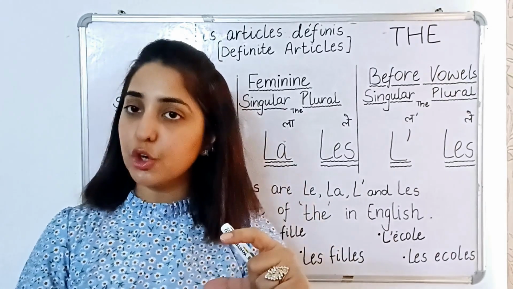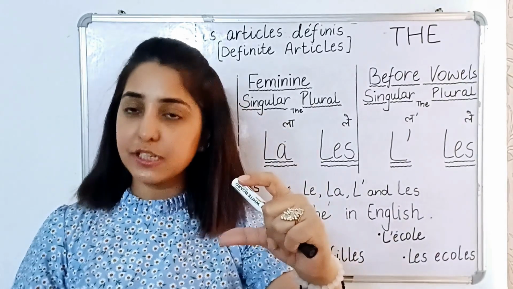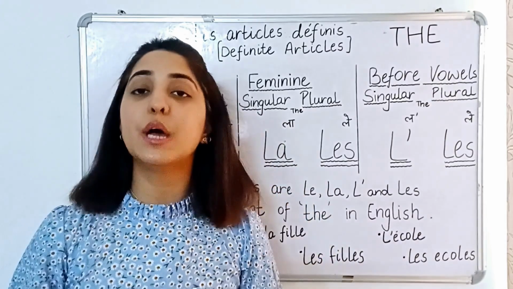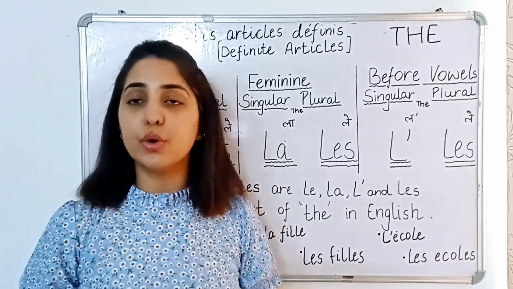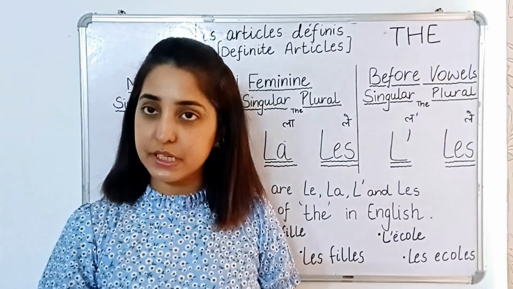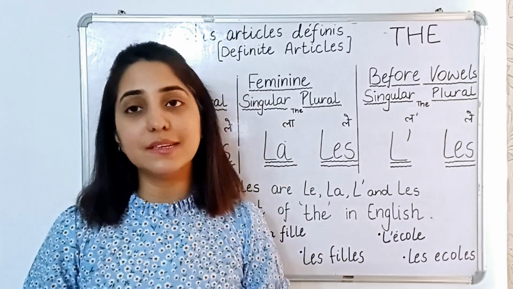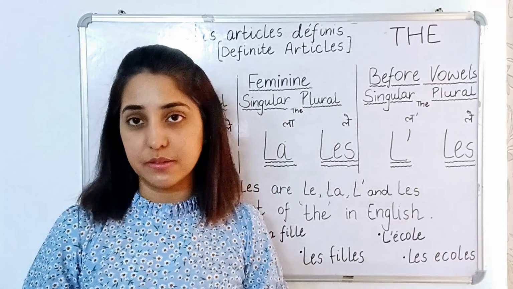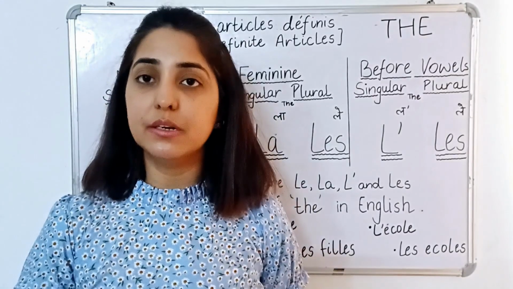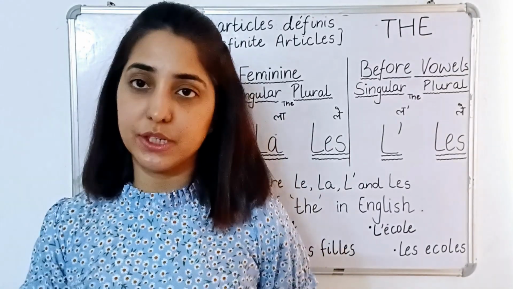But today in this video we will learn only about definite articles, and soon we will start the next video, that is of indefinite articles. So now let's start with definite articles in French.